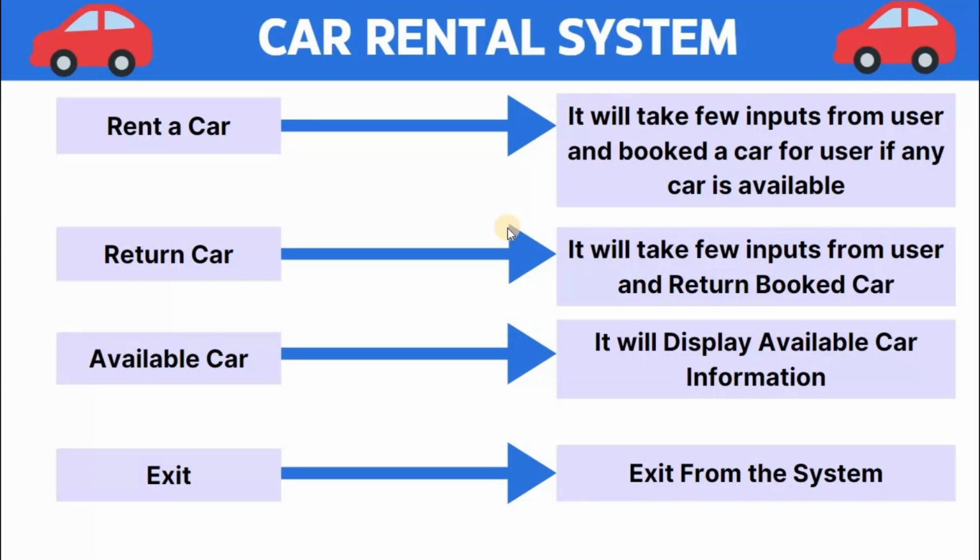Based on the input, it will book the car. If you want to return a car, suppose you booked one car, there is a process from that menu to return the booked car. And the third one is available cars: it will display how many cars are available with different brands, models, and the price per hour, maybe per day.